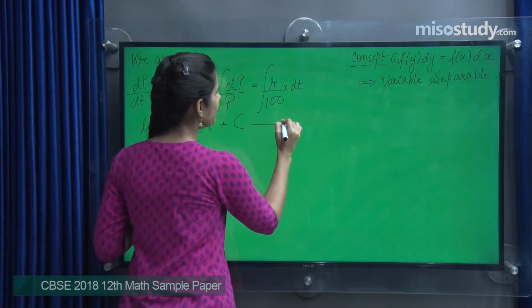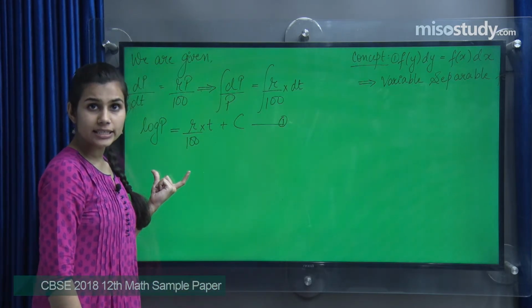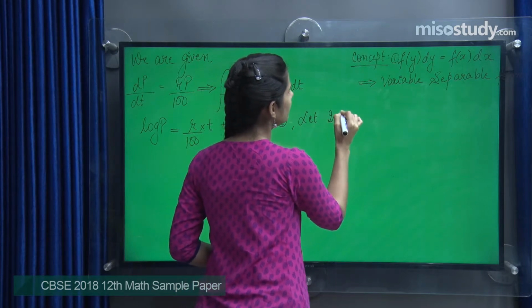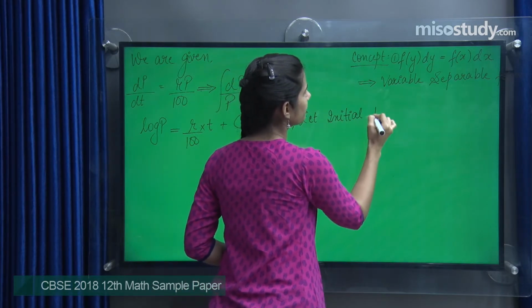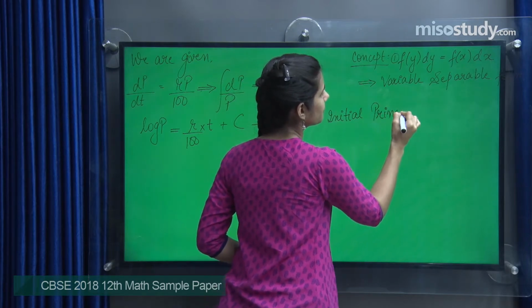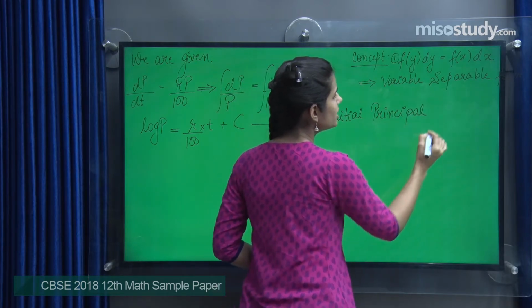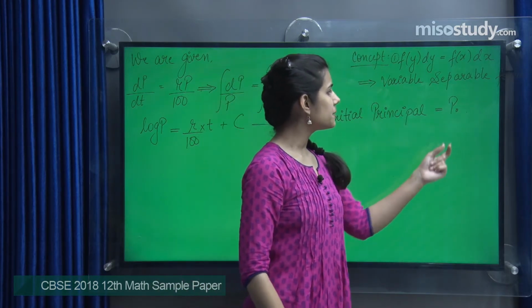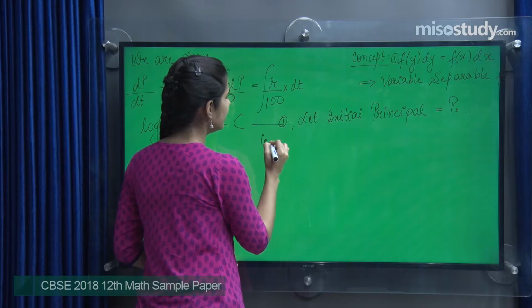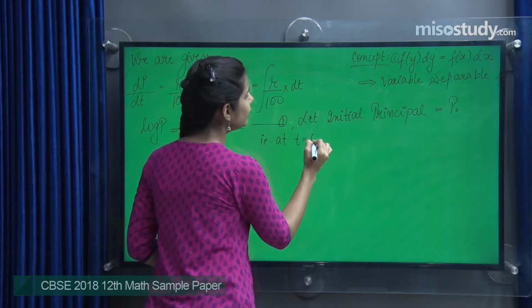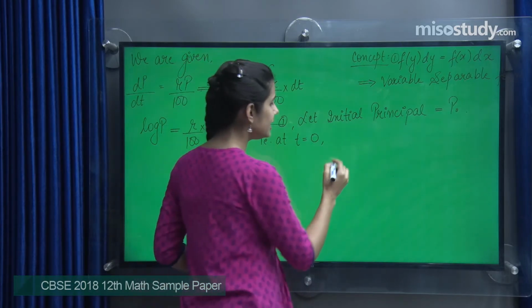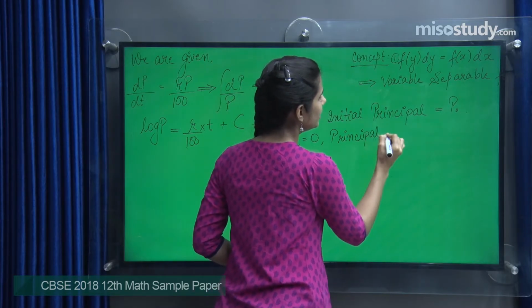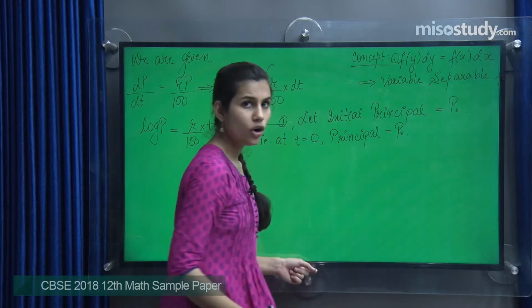Now, once I have obtained this, how to proceed? Well, let the initial principal be equal to P naught. Now, when I am saying the initial principal is P naught, this means what? That at time 0, when the time is 0, the principal amount is equal to P naught.